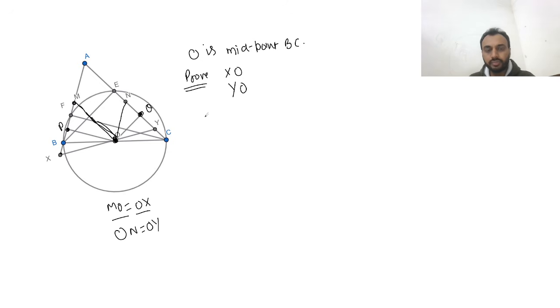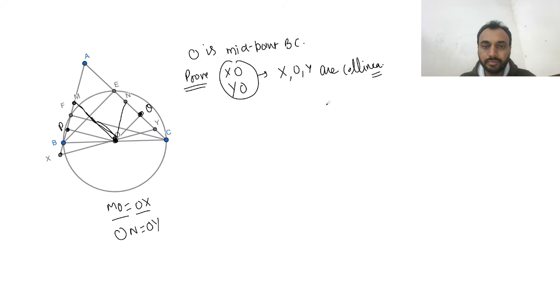If I somehow prove that X, O, Y are collinear, then we are done, right? Because we want to prove that the XY line passes through the midpoint. So if I assume O is a midpoint of BC and connect XO and YO, and then prove that X, O, Y are collinear, then we say that we proved that thing, right?